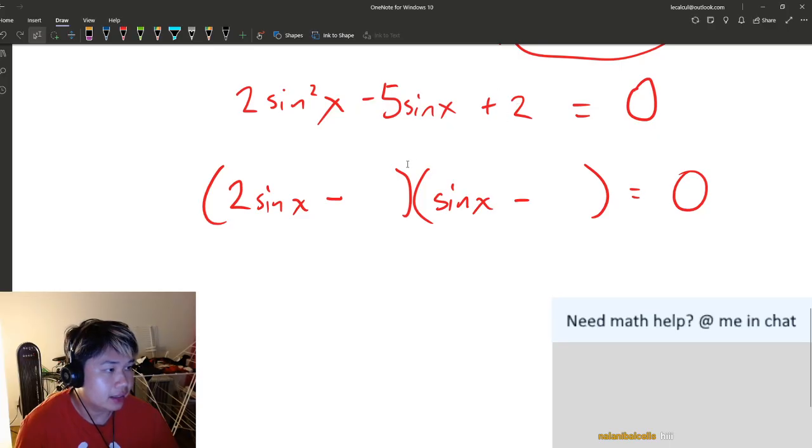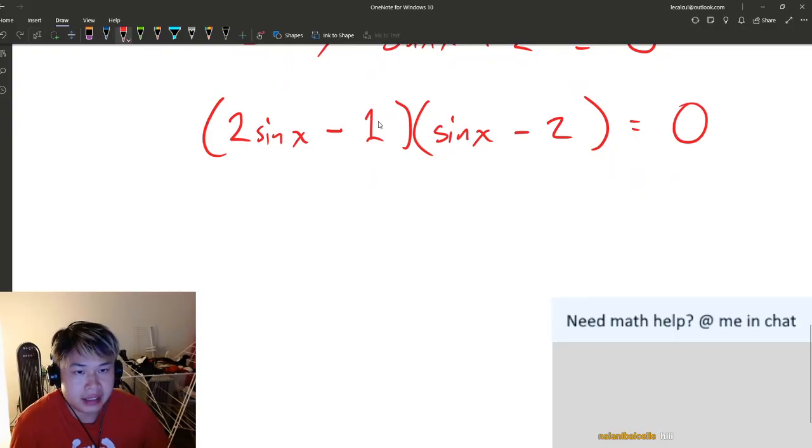And then these two terms need to multiply to make 2, so one of them has to be 1, the other one has to be 2, and then you just have to find out which one goes where. This one needs to be 2, because you do need to have minus 5 in the middle, so then 2 times 2 is 4, and then you have this 1 times a 1, and then you add them together, so that makes 5.